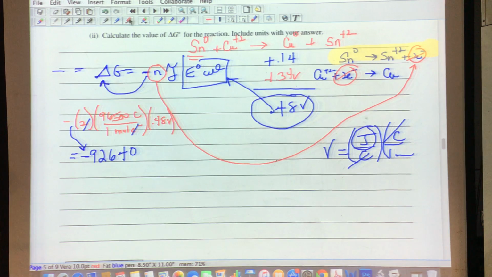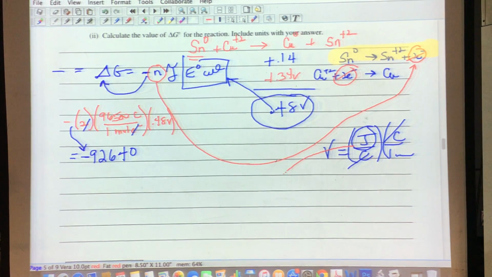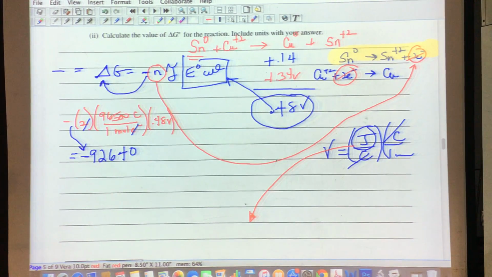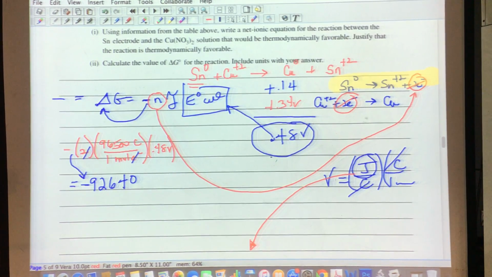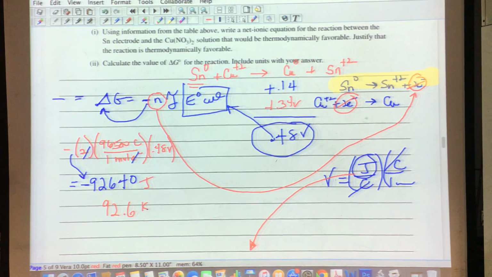Now that's important because sometimes you may use this in a thermodynamic equation. You have to recognize that you're dealing with joules, not kilojoules. Okay? So that's the answer in joules. They say include the units because they want to make sure you know it's joules or kilojoules. So this would be joules, or it would be 92.6 kilojoules.